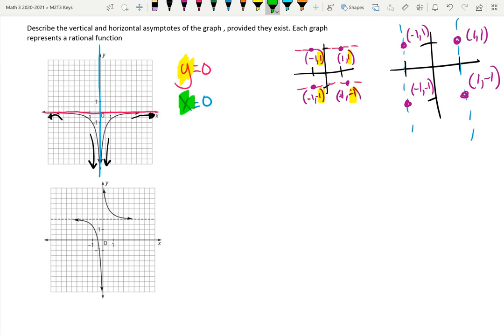Notice in this instance, the x's are the same. This is going to be the biggest problem in remembering: y equals 0 is going to be the horizontal asymptote, while x equals 0 is a vertical asymptote.